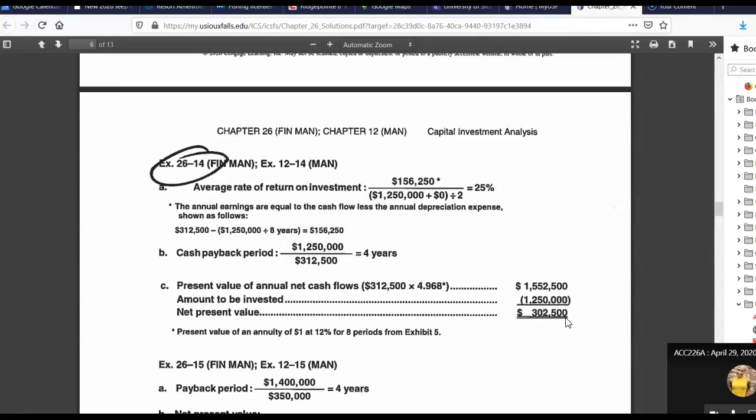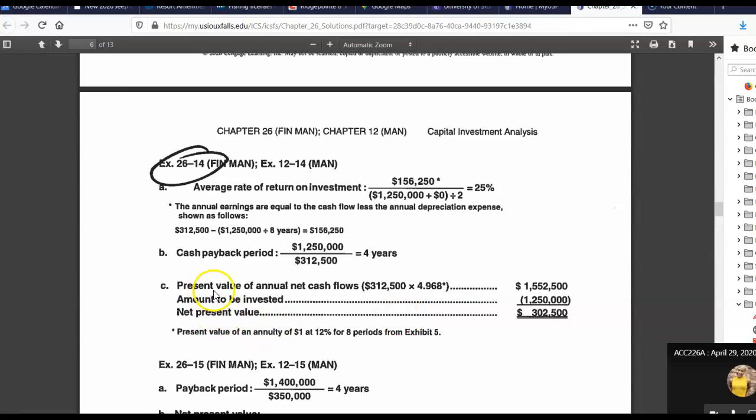How much over 12%? We don't know. We know it's over because it's a positive number here. If this number was 0, that would mean we hit it right on the mark, 12%. If this number was negative, just like the positive, we don't know what it is, but we know it's less than 12%.